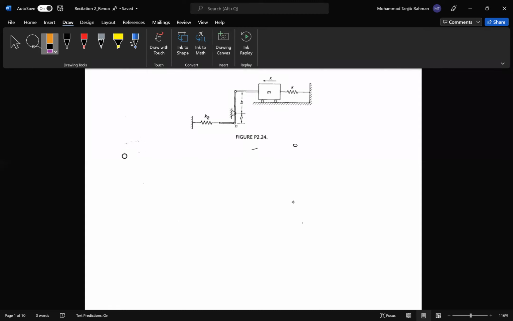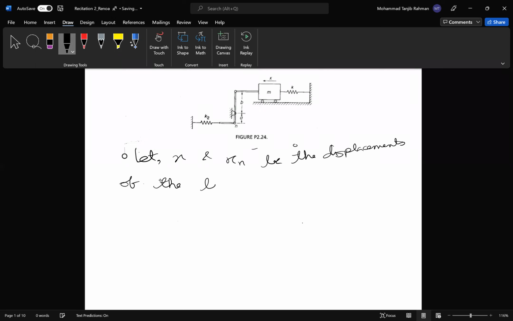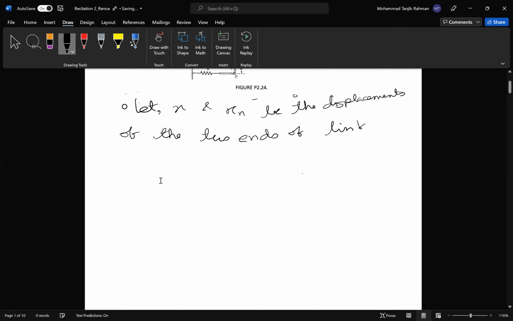So let's assume X and Xn be the displacements of the two ends of the link. So our diagram would look like this: this is the rod, and this is the pivot point.